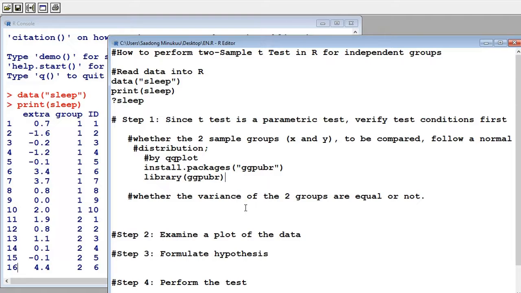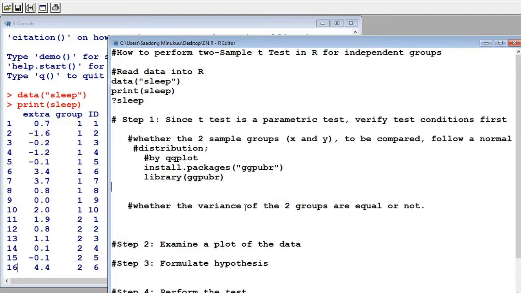Now to do the plot, we simply use the code ggqqplot in brackets. We're gonna use sleep.